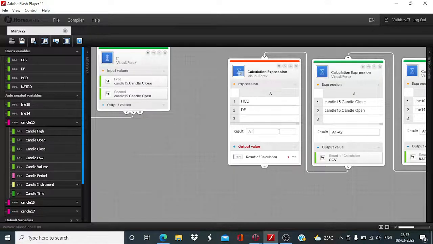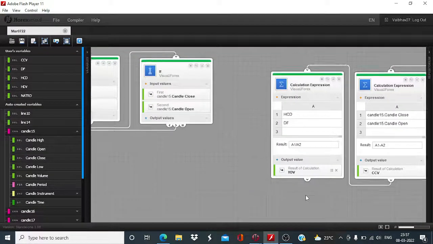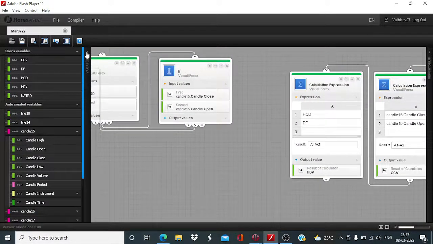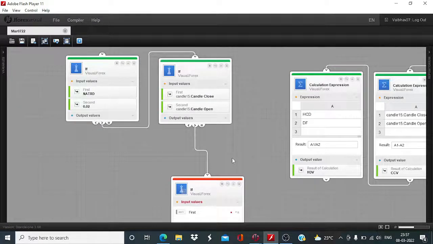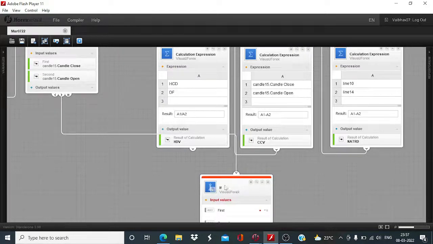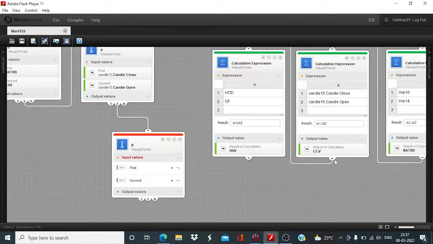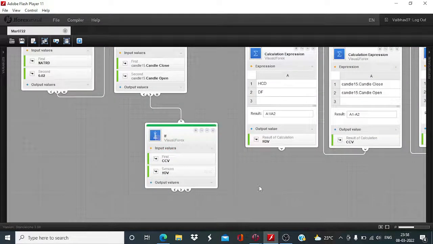Okay, it will be A1 divided by A2, where I add half of the difference. The difference between the closing and the opening value needs to be more than half of the difference of high and low. So I will have to compare the output value CCV with this output value HDV.